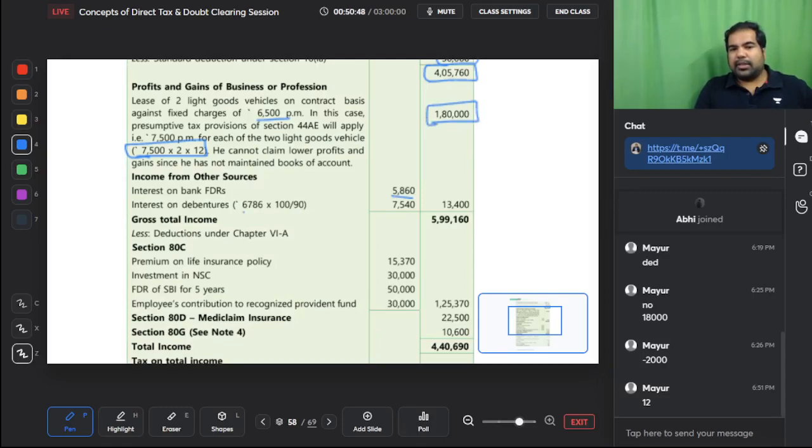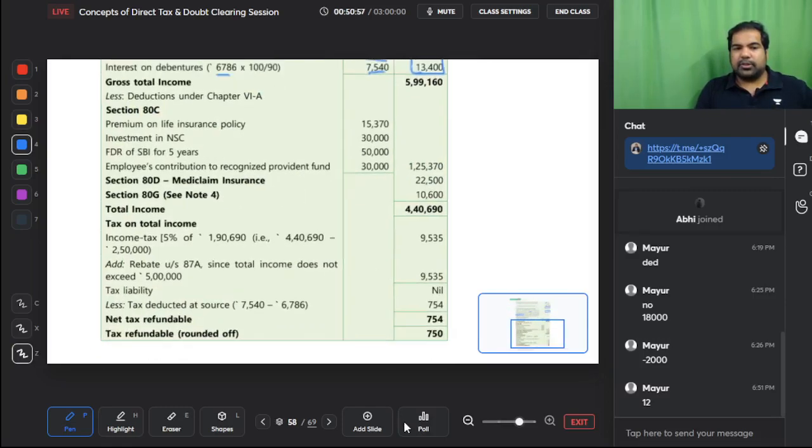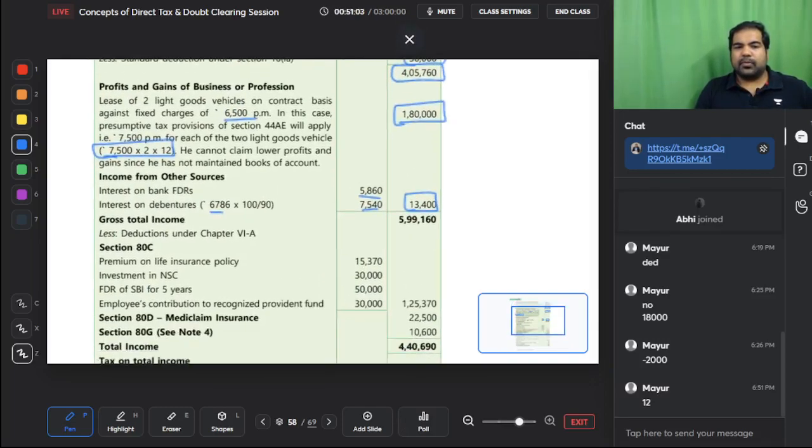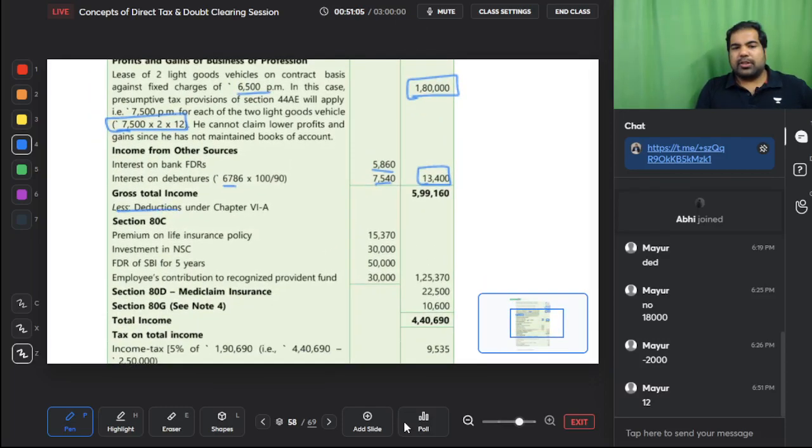Interest, and 6786 divided by 90 into 100, this is the gross amount. But remember, TDS you can always take credit of, or take a refund. Less deductions, 80C, premium, investment, FDR, employee's contribution, all this, 80D and 80G.